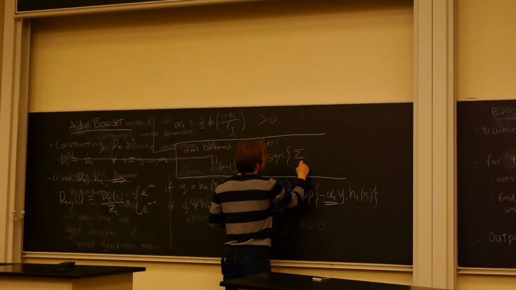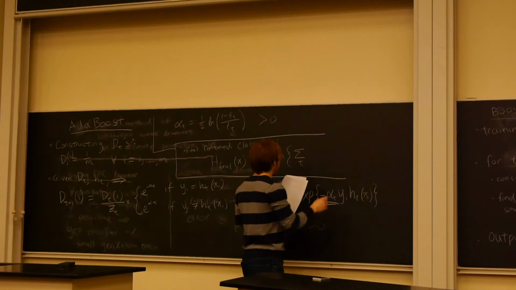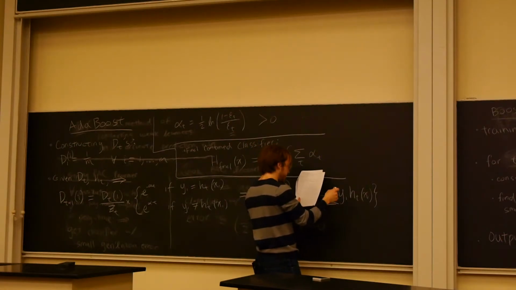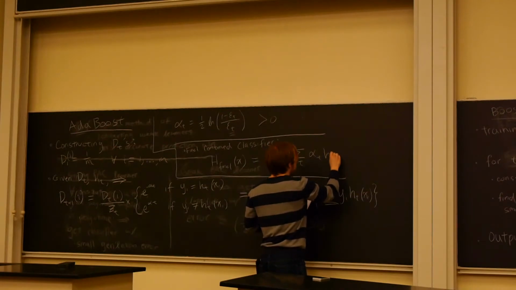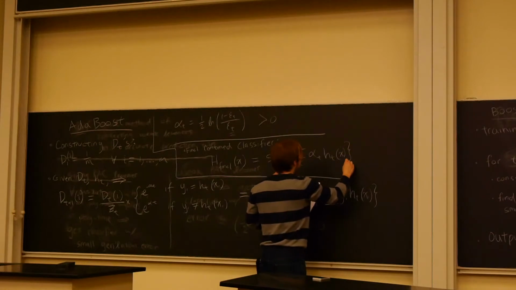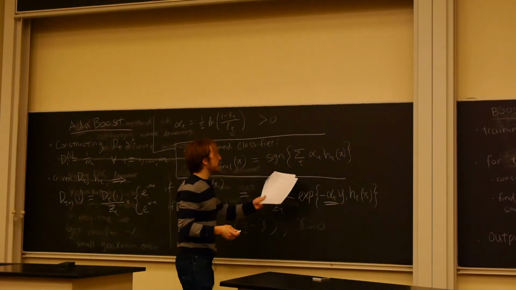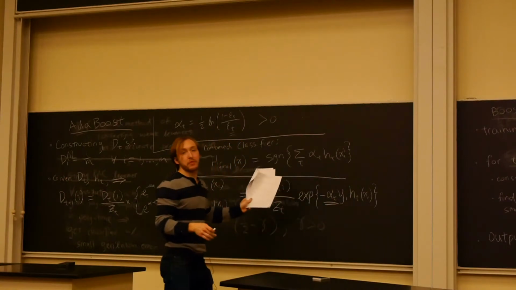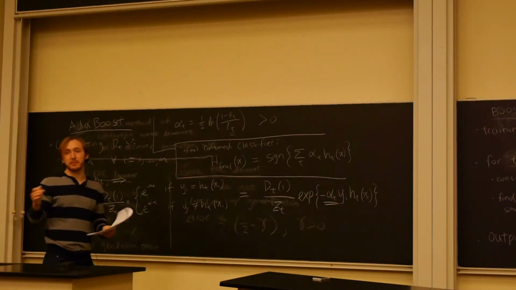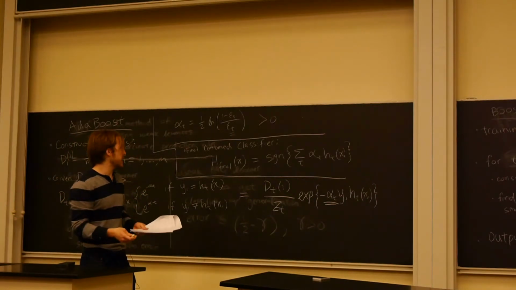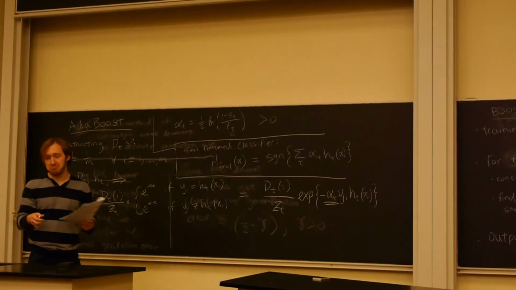You sum over your t rounds and you multiply your alpha sub t, which you computed at each round, times the weak classifier h sub t. So it's really a weighted sum where your weight is given by alpha over your weak classifier. After you take the sum, you take the sign. If it's positive, your final classifier returns +1. If it's negative, your final classifier returns -1.